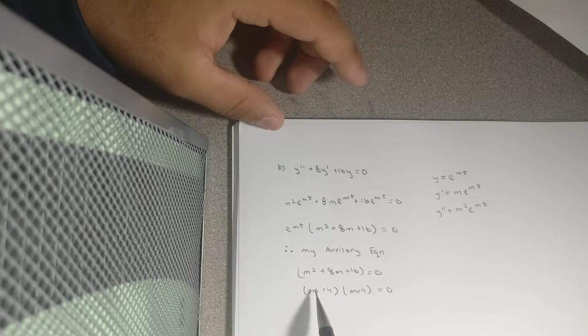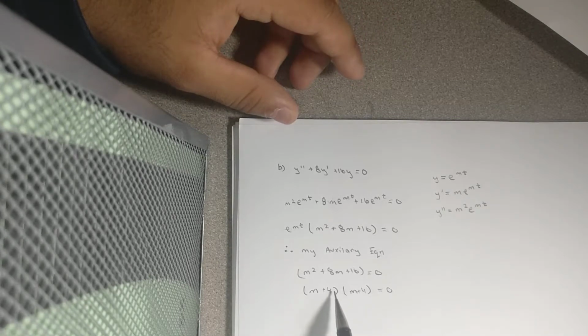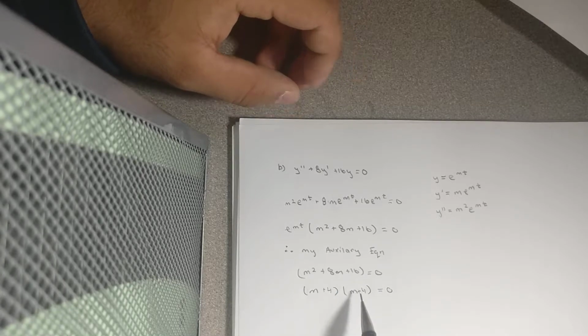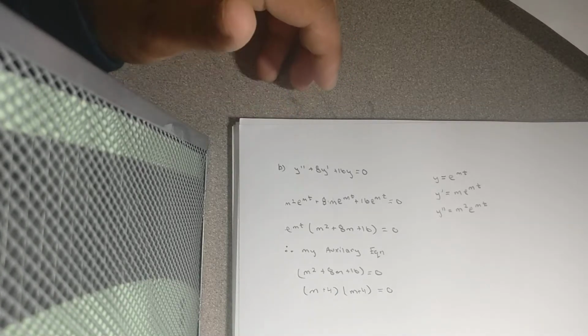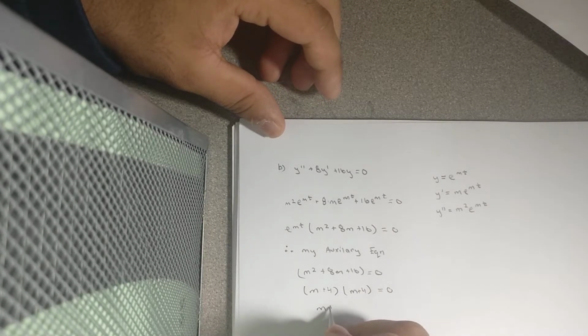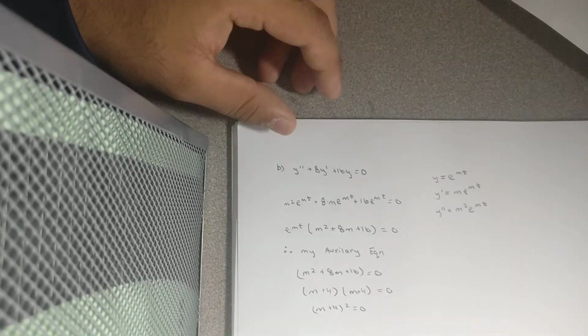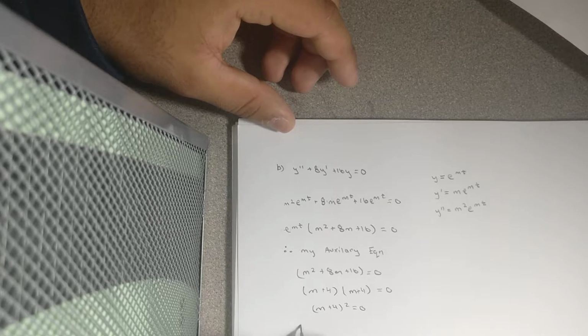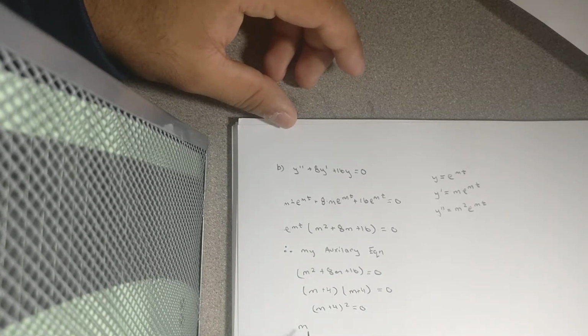Now if we check, m times m is m squared, we get a 4m here, another 4m, so that makes 8m, and then 16, 4 times 4 is 16, so it works. So this is a solution. You can rewrite this as m plus 4 squared equals 0. And if you take the square root of both sides, you'll realize that you are going to get two roots, but they're both going to be -4.